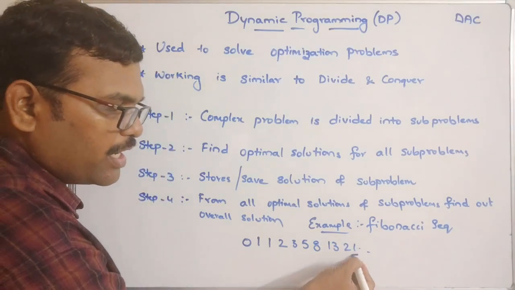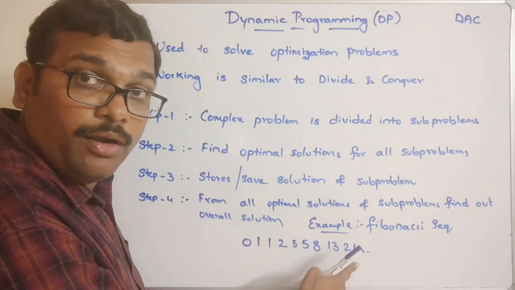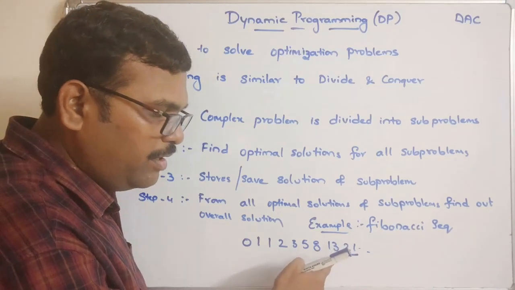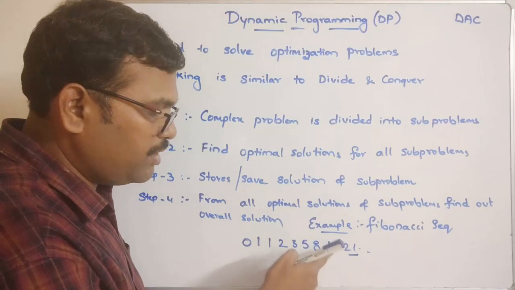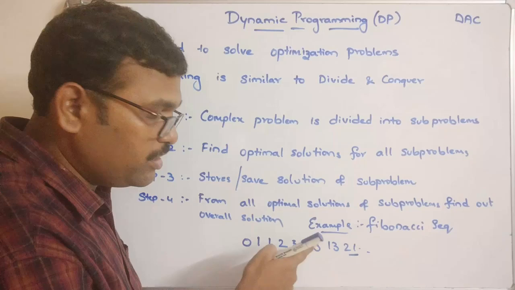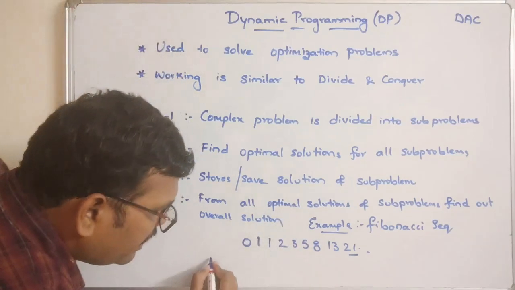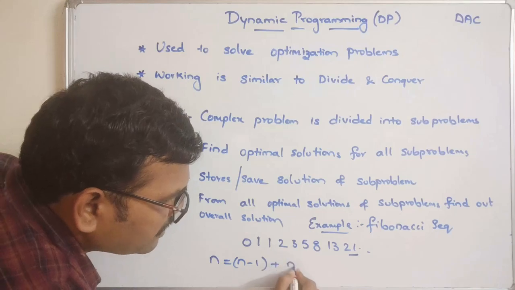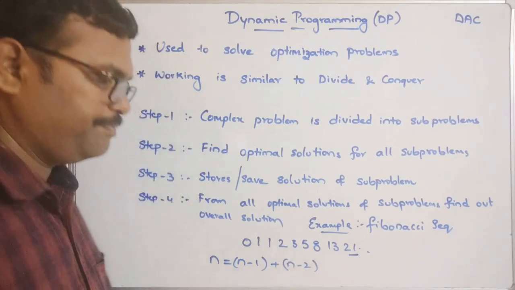So how did we get 21? We got 21 with the addition of 13 and 8. How did we get 13? 13 is the addition of 8 and 5. How did we get 8? The addition of 5 and 3. So F(n) = F(n-1) + F(n-2).